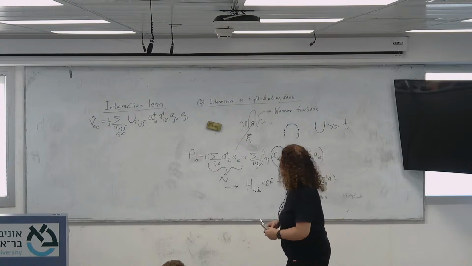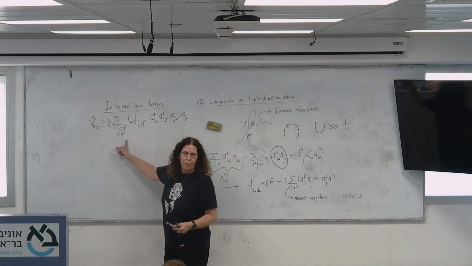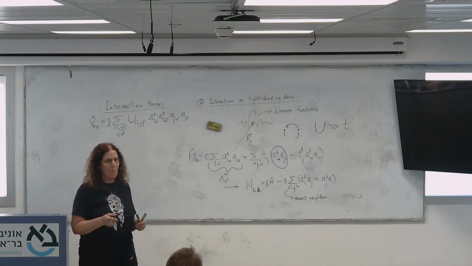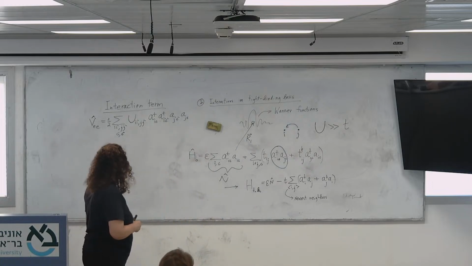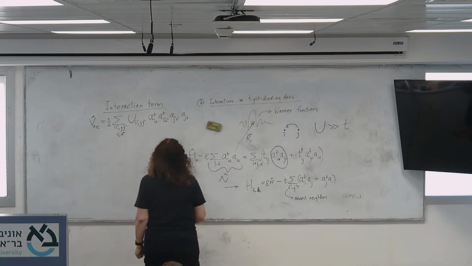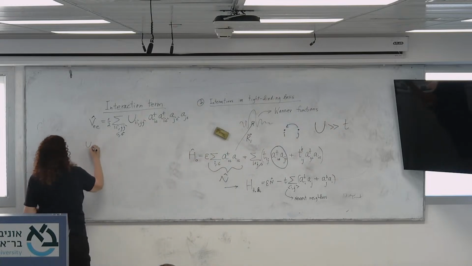And that's why you always have a sum of two indices of the spin. In one body it's a single sum, and in two body it's a double sum. Okay, good.